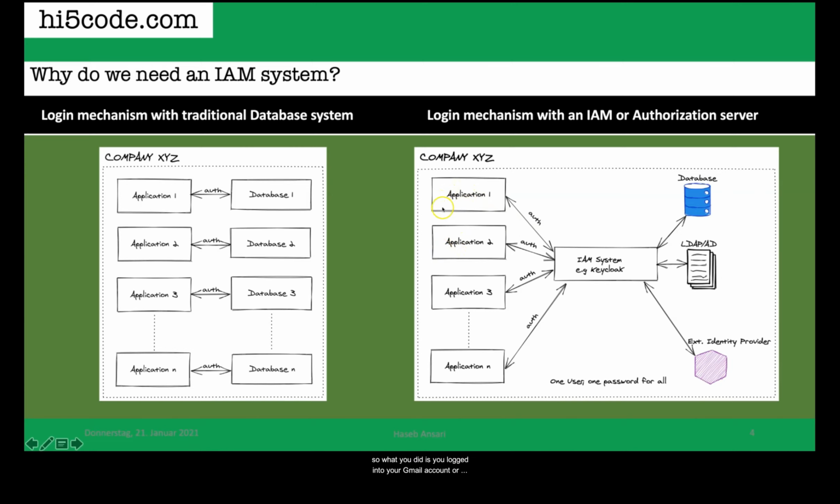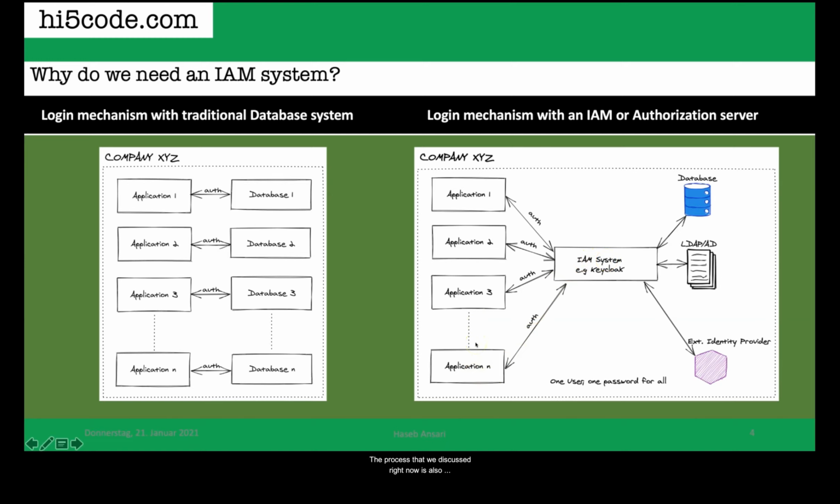So what you did is you logged into your Gmail application, and Google has its own IAM system running at the back, and the other applications, looking into the IAM system, know that this user already has a session, so it's okay to let the user into the logged-in page. The same will happen with the Calendar application or any other application that is connected to the same IAM system.